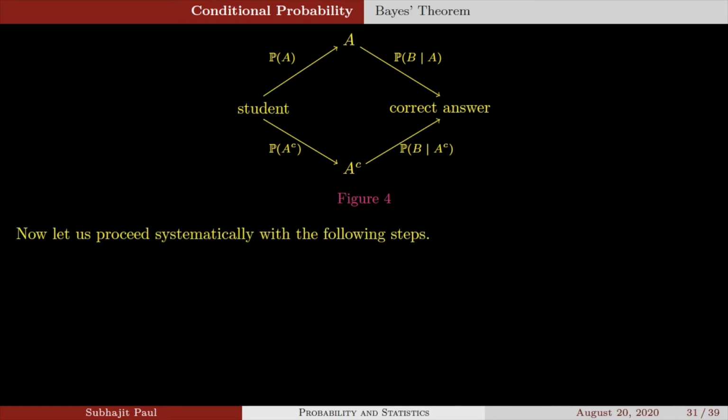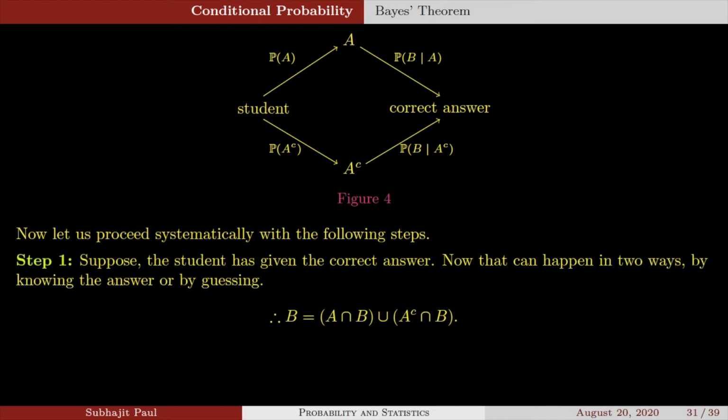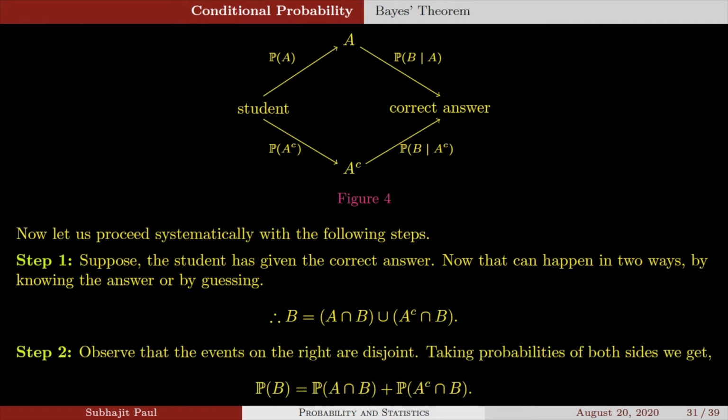Now let us proceed systematically with the following steps. Step 1. Suppose the student has given the correct answer. Now, that can happen in two ways, by knowing the answer or by guessing. So B is equal to A intersection B, by knowing, plus A complement intersection B, by not knowing, guessing. Whatever we have done so far, we are just doing mathematically.